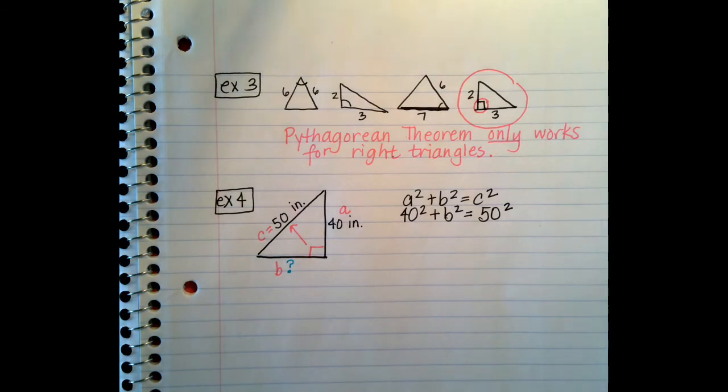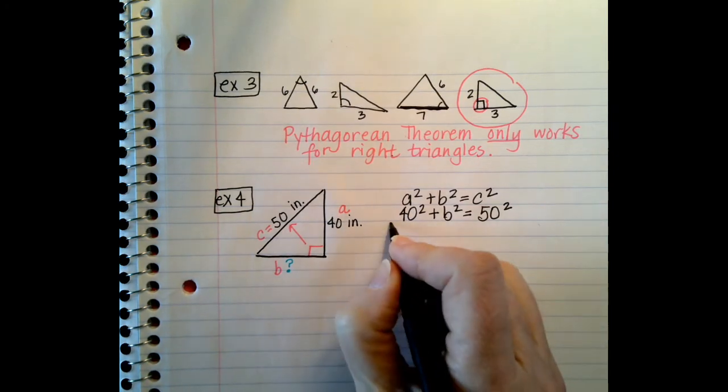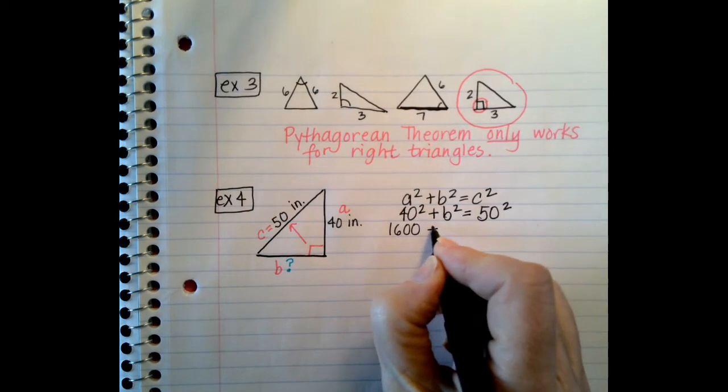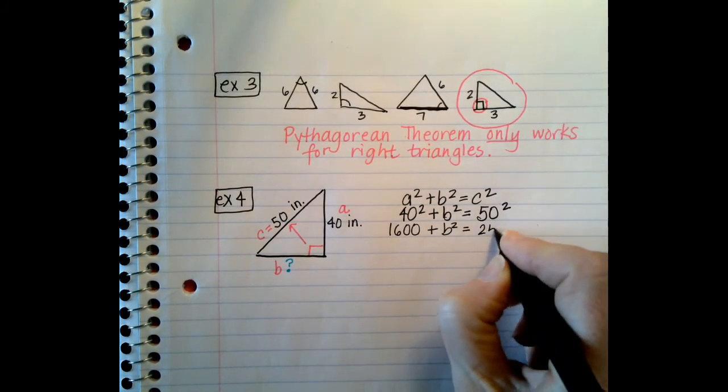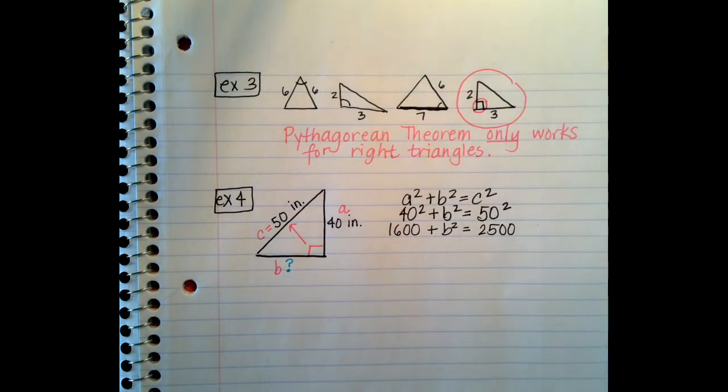Don't let them fool you. 40 times 40 is the same thing as doing 4 times 4 and just adding those two zeros on. So this is going to give me 1600. 5 times 5 with the two zeros.